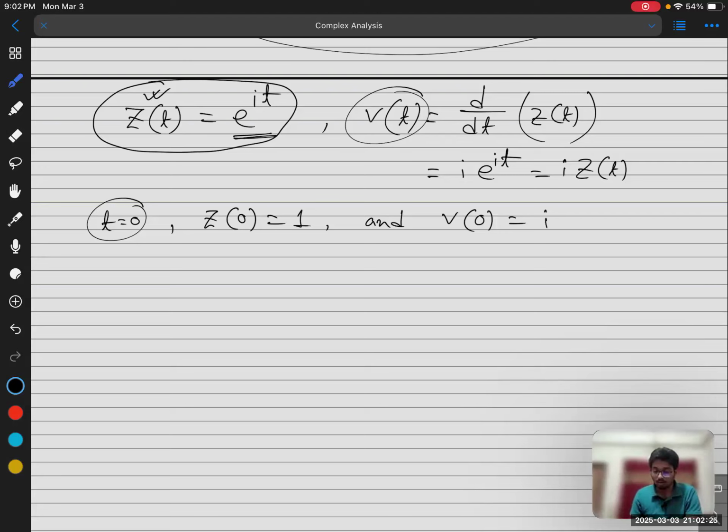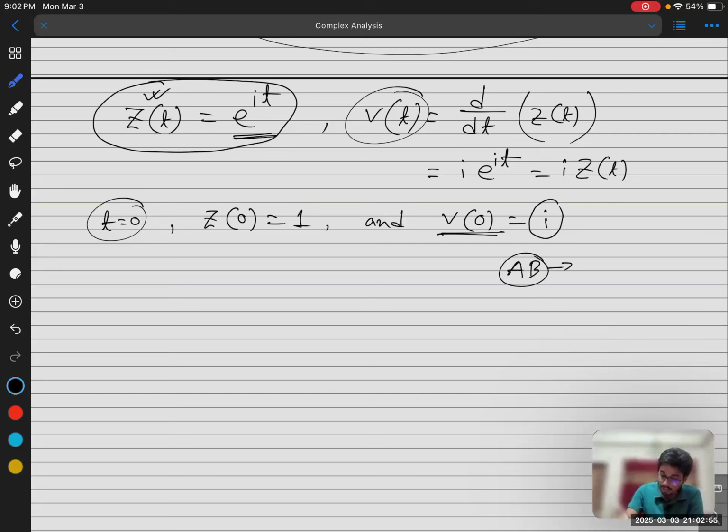So from our previous video, we can say that if we multiply any number by a complex number, then that number's angle will be rotated by the angle of the complex number. So what does that mean? Let's say we are considering two complex numbers a, b.